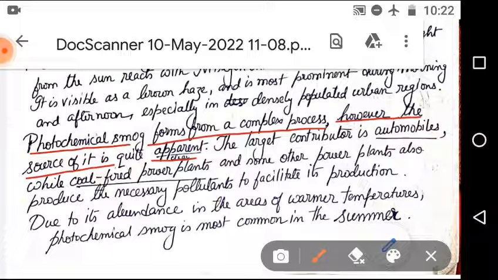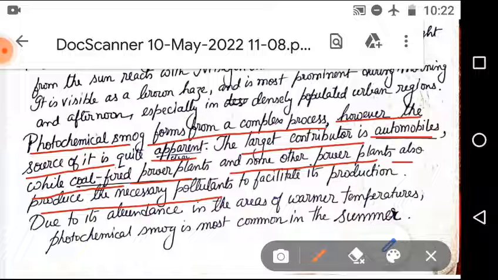The largest contributor to form this photochemical smog is automobiles, while coal fired power plants and some other power plants also produce necessary pollutants to facilitate its production. So who is mainly responsible for photochemical smog formation is the automobiles.